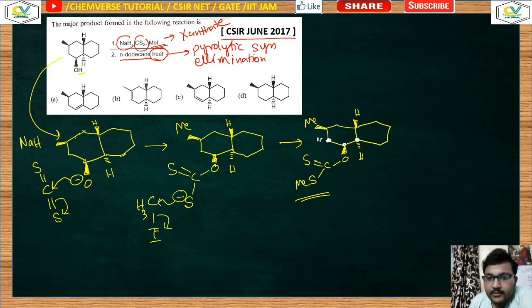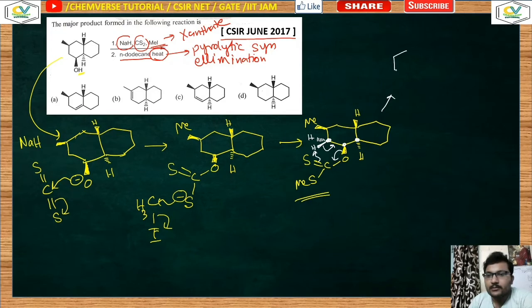If you look at this carbon, here is one hydrogen below and one hydrogen above. But here there is no hydrogen in the above position, in the right side. So the elimination cannot occur from the right side. The only suitable orientation you can think is that it can abstract this hydrogen, there will be a double bond and it will come back. So what will be the product?